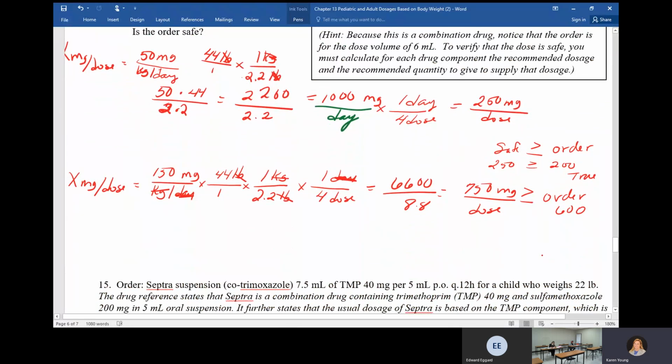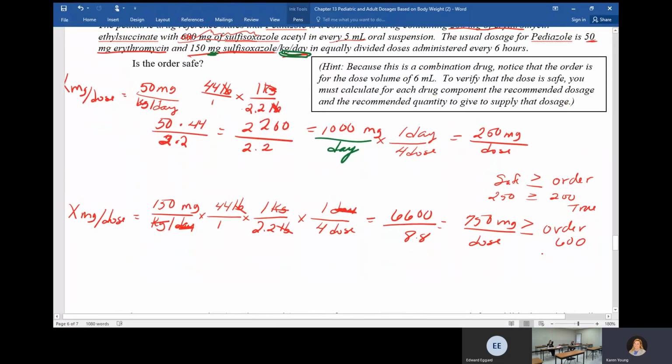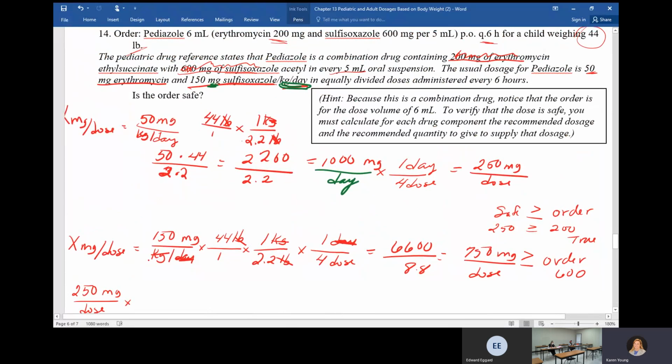Right, since he ordered 6 milliliters, we're not through yet, I just wish we were. We're going to take the 250 milligrams per dose, and we're going to multiply it by, I went up here and drew the lines, the 200 milligrams in every 5 milliliters.